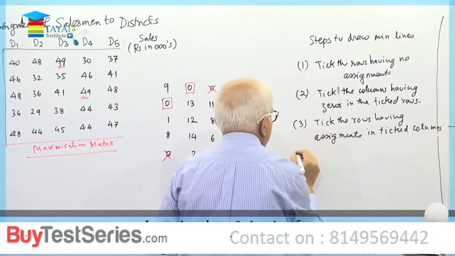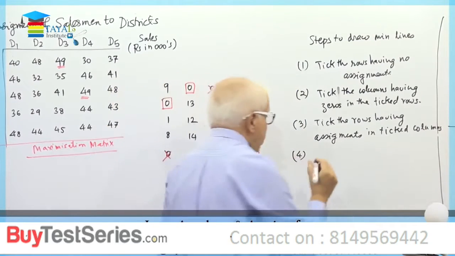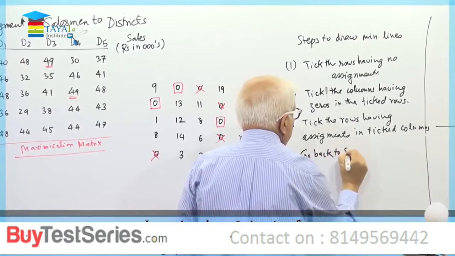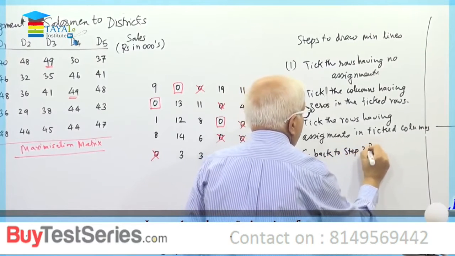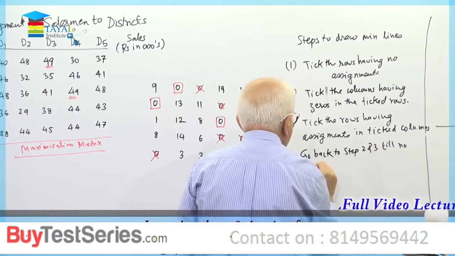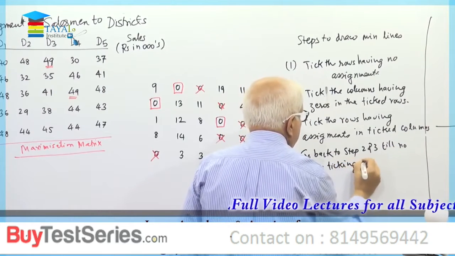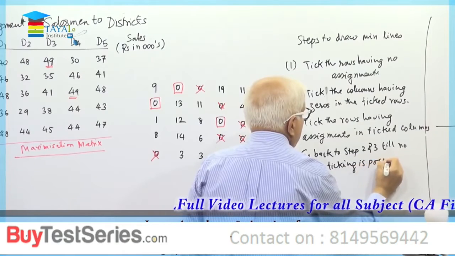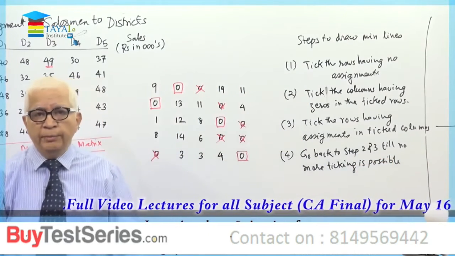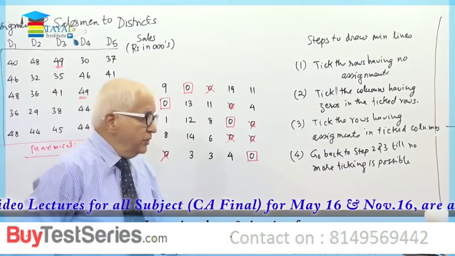And step number 4 is simple. Step number 4 says go back to step 2 and 3 till no more ticking is possible. Keep on going to step number 2 and 3 repeatedly till no more ticking is possible, either of the rows or of the columns. Fine.